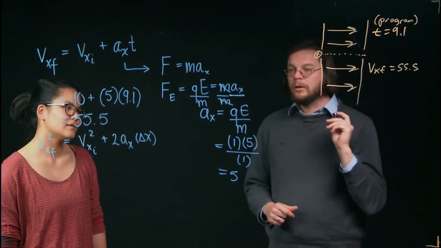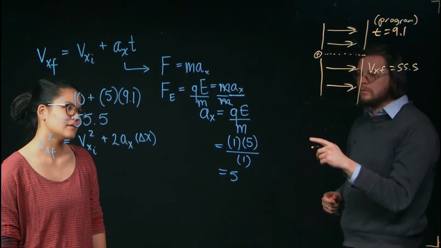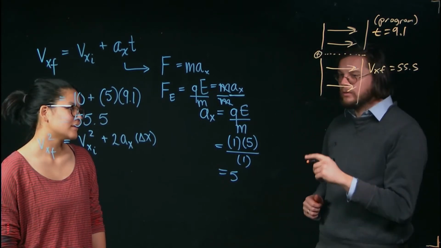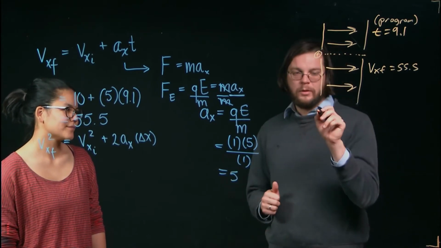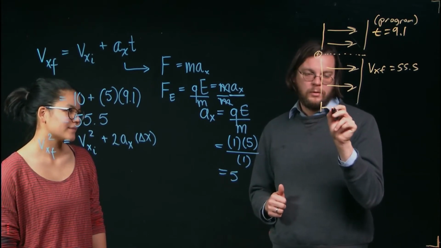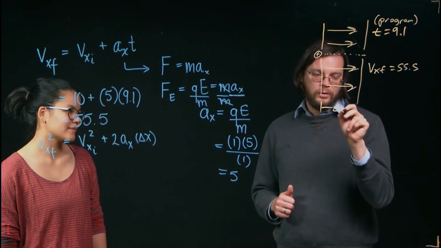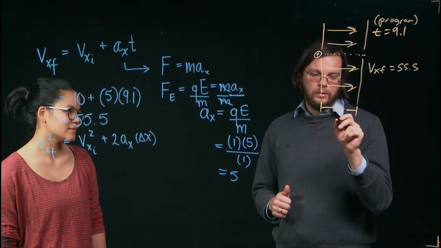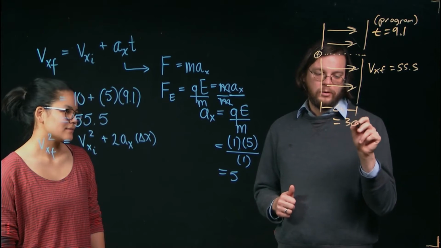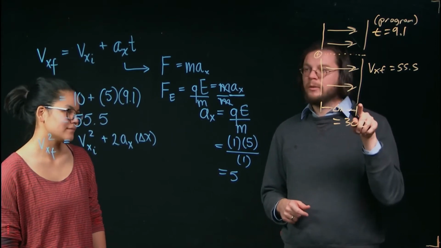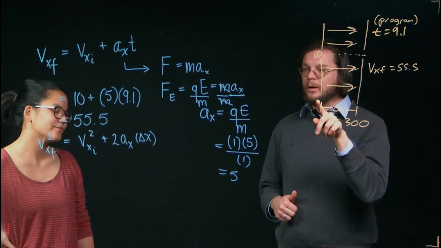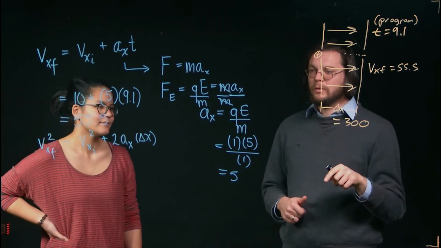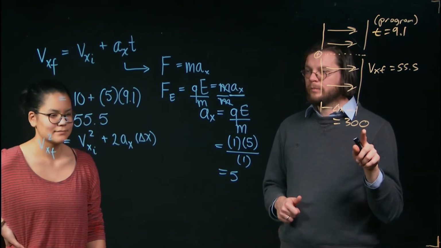So we need to know over what distance the charge was accelerated, right? You can correct me if I'm wrong, but this distance here, I believe, was equal to 300, right? Because I think this plate was 500 in x. That plate was 200 in x, and so 500 minus 200 is 300.